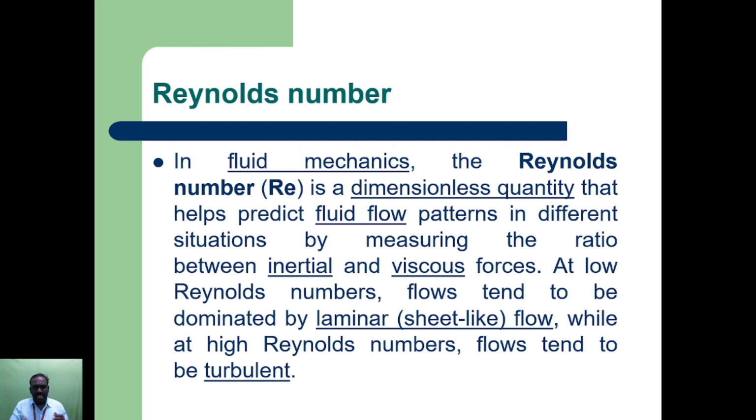This means the Reynolds number is the ratio of inertial force to viscous force. It is useful to predict fluid flow patterns in different situations by measuring the ratio of inertial force to viscous force.